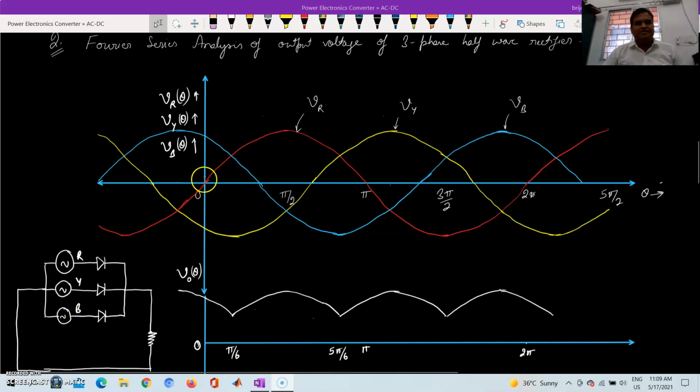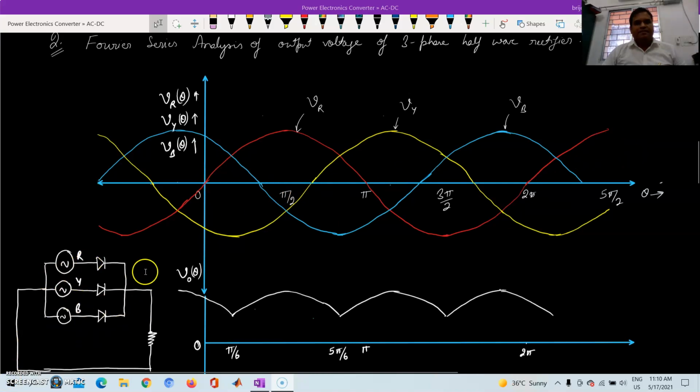The R phase is Vm sin ωt, starting from 0 degrees, whereas the Y phase is starting from 120 degrees lag, and the B phase lags the R phase by 240 degrees. The waveform would look like this.